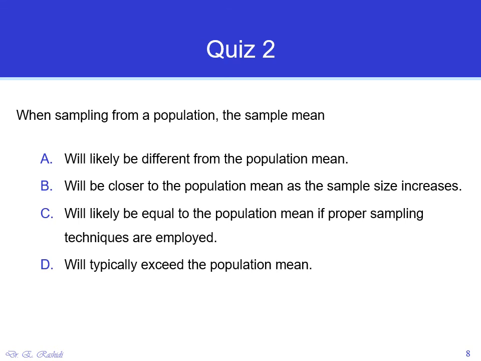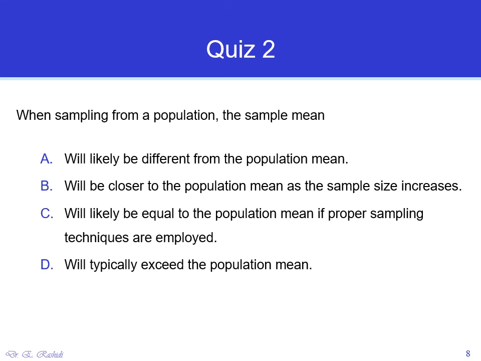Let's go over every one of these options to see whether they are true or not. So we are sampling from a population. The question is about sample mean. That means we take a sample, we want to see X bar. This is not the random variable X bar. This is just X bar, which is the sample mean, the average of a sample.